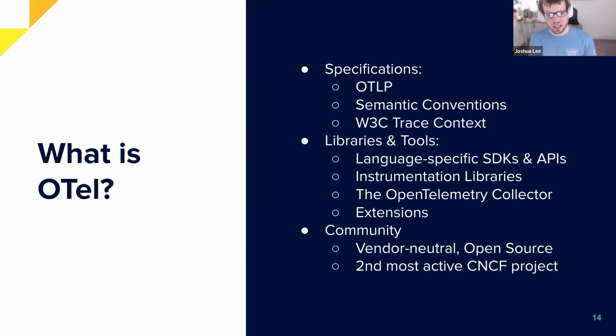Then there's the OpenTelemetry collector. This is something that we're using in our demo, and we'll show you some of the configuration for. It's very much a Swiss Army knife, but you can think of it as an alternative to a vendor agent. So it can both work as a node or a cluster agent, gathering node and cluster level metrics and logs. And it can also act as a proxy for telemetry from your applications, forwarding it to the backend of your choice. So in our demo later today, we actually have a couple of different OpenTelemetry collectors deployed.